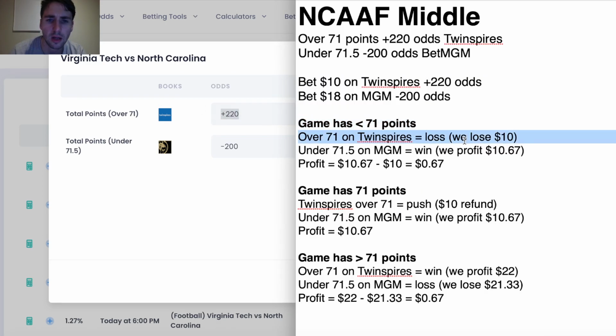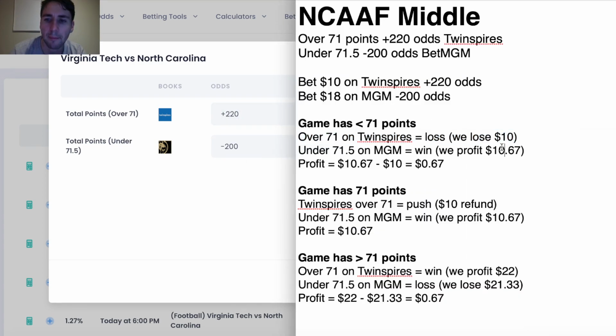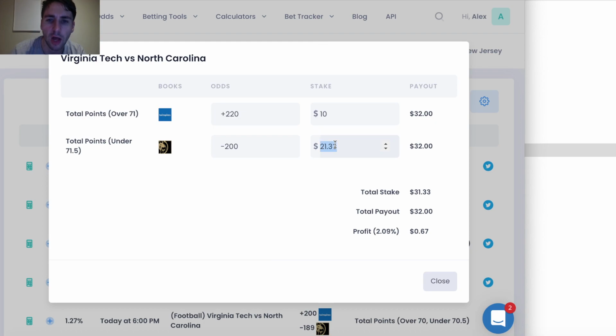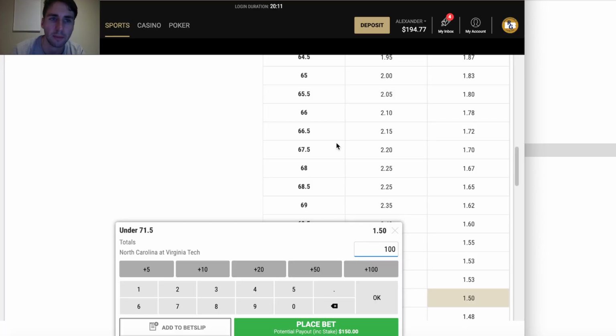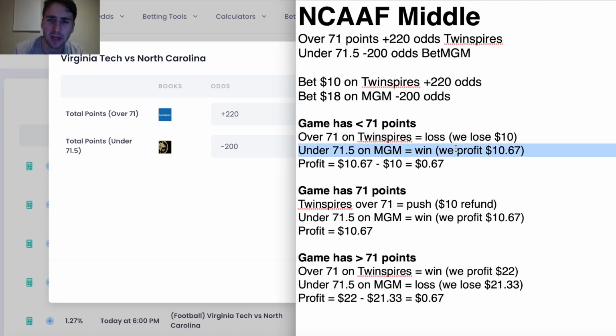We lose $10 here, but we bet $21.33 at minus 200 odds, so we profit $10.67, which is your payout minus your stake, which is exactly what we saw with my bet on BetMGM. So we're profiting $10.67 on MGM and losing $10 on Twinspires. So if there's less than 71 points in the game, we profit 67 cents total. We win 10.67 on MGM, we lose 10 on Twinspires.